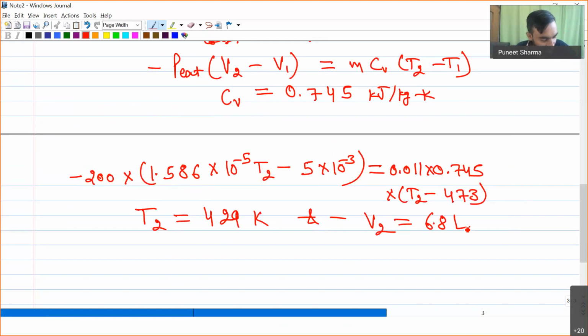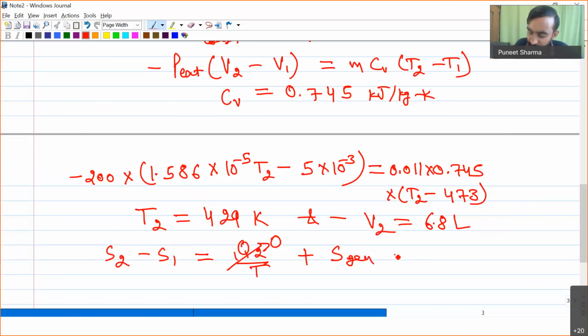Now what I have to do is determine the amount of entropy generation in this process. If I apply the entropy equation, S2 minus S1 will be equal to integral of Q12 divided by T plus S generation. Heat transfer is given as 0, so this implies that S generation will be equal to S2 minus S1.